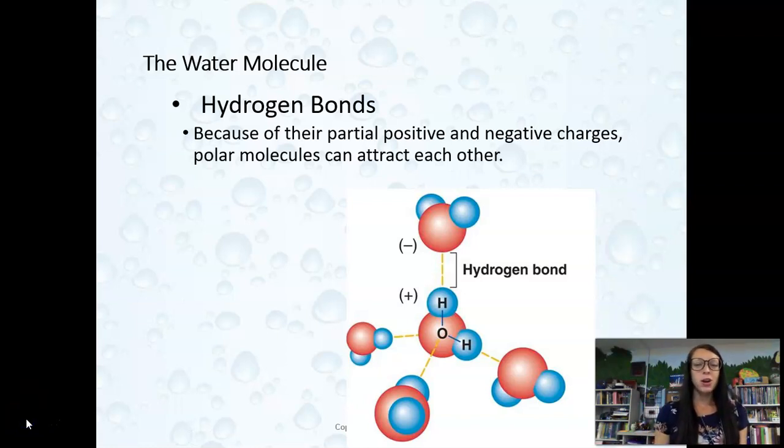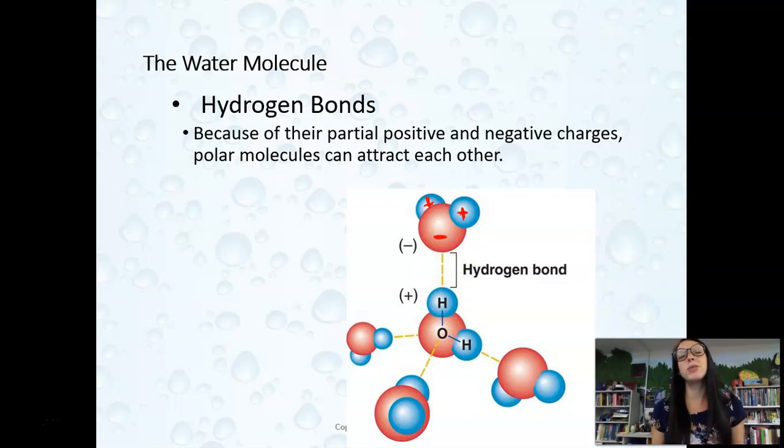So remember that our oxygen here is slightly negative and that our hydrogens here are slightly positive. Because of that, the slightly negative oxygen is going to be attracted to the slightly positive hydrogen, creating these weak hydrogen bonds.